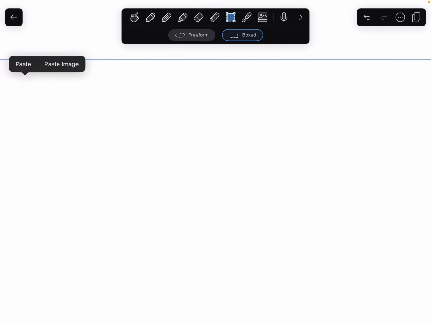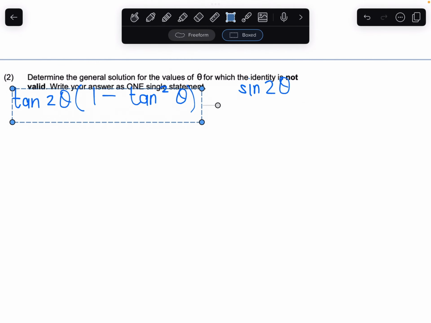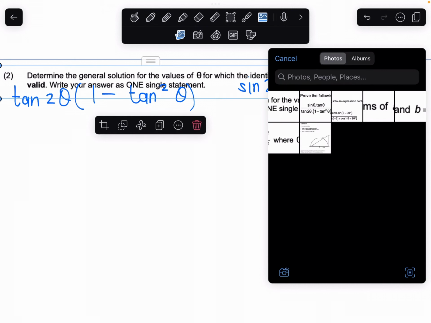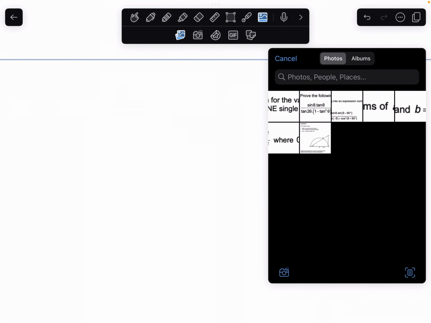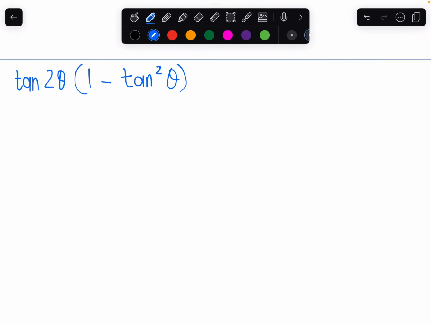Okay, the picture came along. Let's see if I can get rid of it. Oh, I don't think I can. Oh my goodness. Okay, I'm just going to write it out. It's fine. So the denominator was tan of 2 theta times 1 minus tan squared theta. Okay, let me see if I got that right.